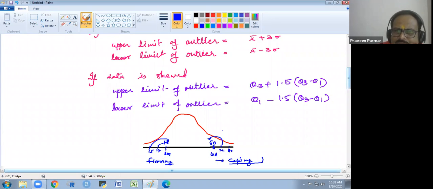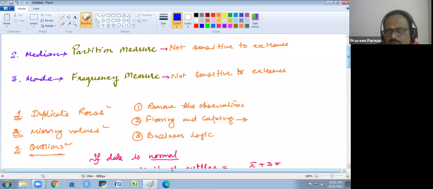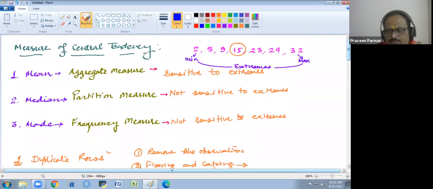Now, what I am telling you, I will show you. Suppose you have tested some hypothesis, the data is normally distributed, and you have used a parametric test.